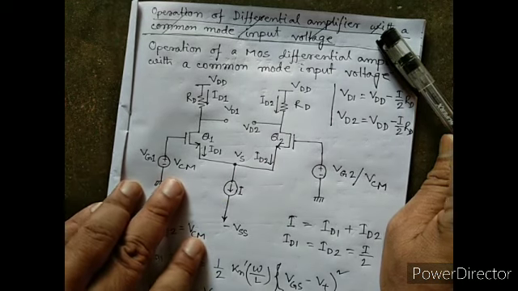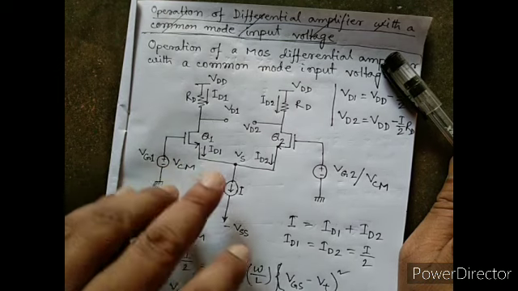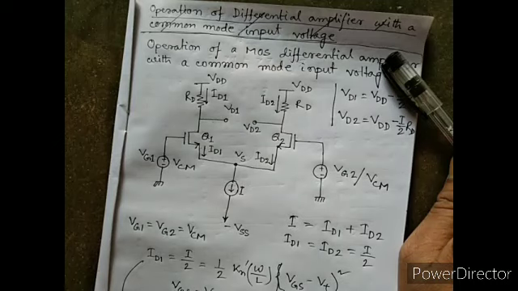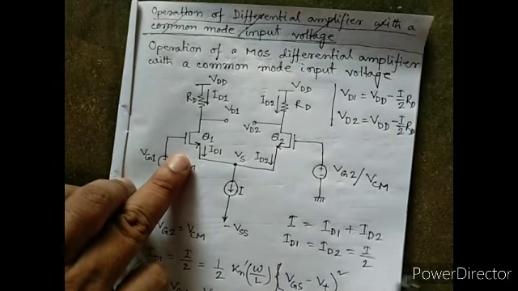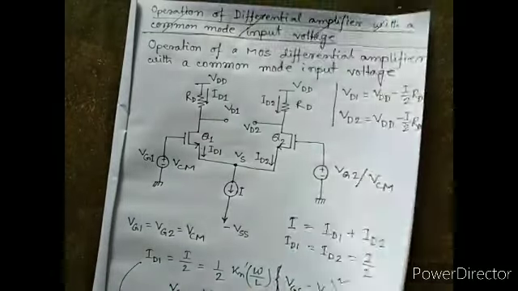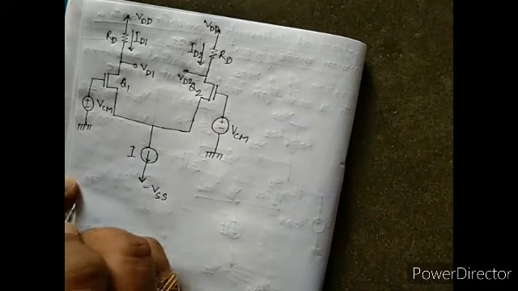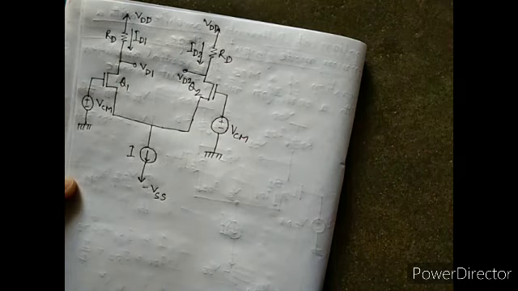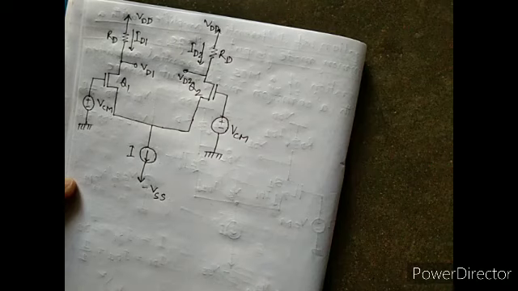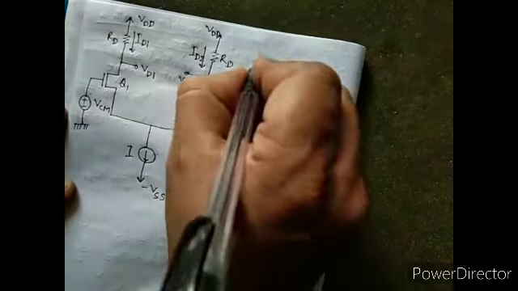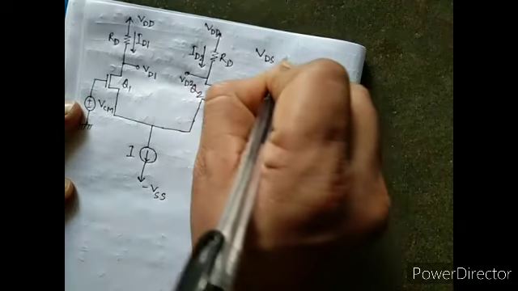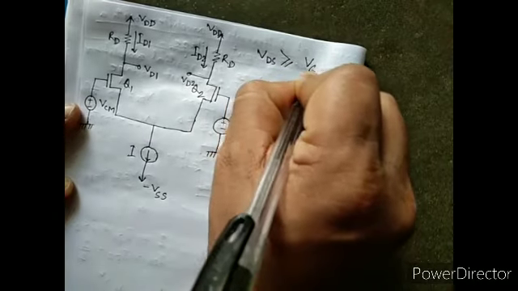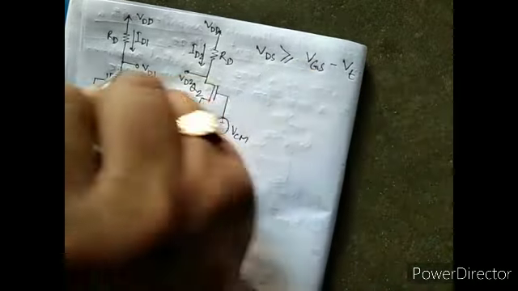We have assumed that the transistors are working in the saturation region. In saturation region, the condition is that VDS should be greater than or equal to VGS minus VT.